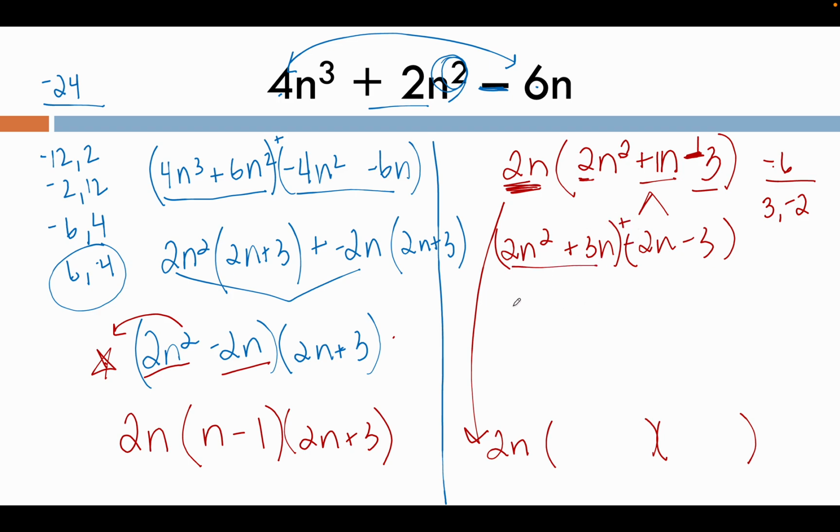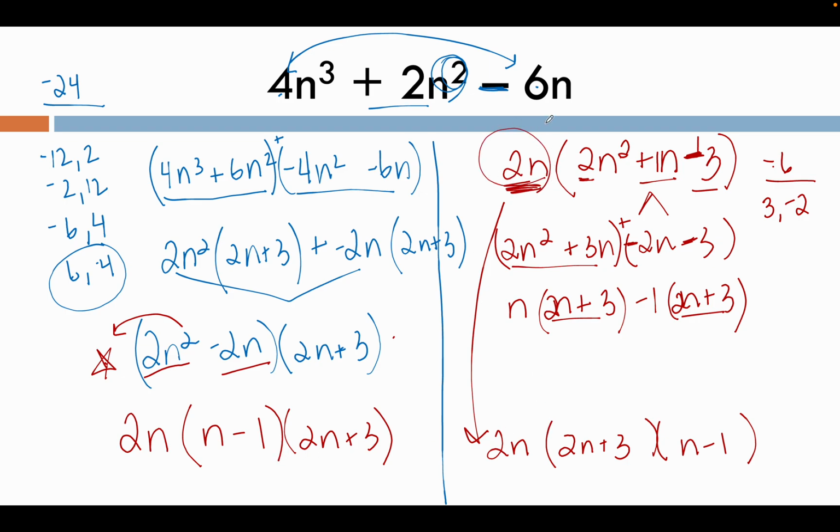Factoring out our greatest common factor, which is now just n. So that'll leave us with 2n plus 3. To make this positive 2n plus 3, we'll factor out a negative 1. And then that gives us 2n plus 3 as well. And then taking the 2n plus 3, sticking that down here, and then the n minus 1. Notice we got the same answer by factoring that greatest common factor out at the beginning instead of waiting until the end and missing it.